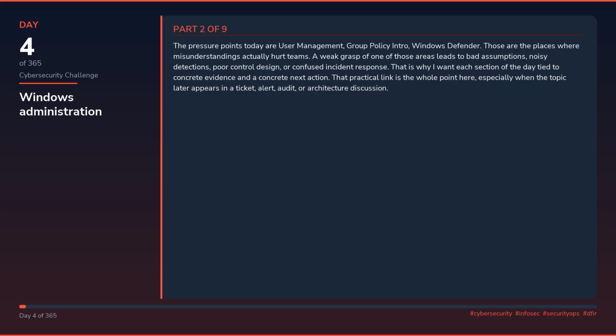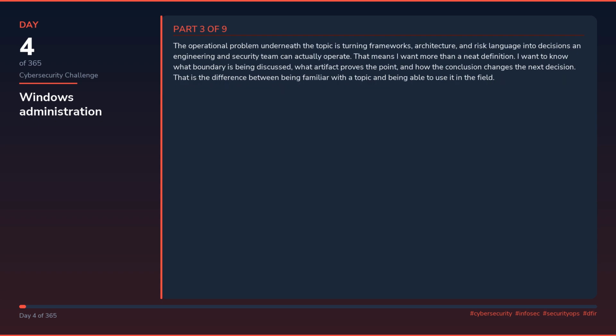That is why I want each section of the day tied to concrete evidence and a concrete next action. That practical link is the whole point here, especially when the topic later appears in a ticket, alert, audit, or architecture discussion. The operational problem underneath the topic is turning frameworks, architecture, and risk language into decisions an engineering and security team can actually operate.